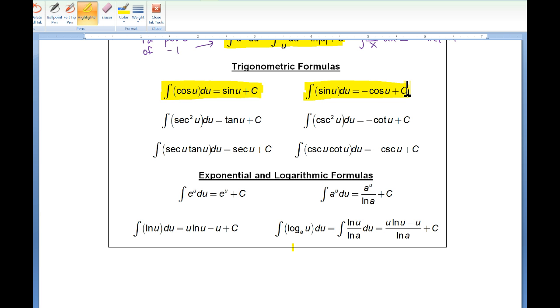So the antiderivative for sine is negative cosine. Does that make sense? Because the derivative of negative cosine would be negative sine, which would give us positive sine. The antiderivative for secant squared is tangent, right? Because what's the derivative for tangent? Secant squared.